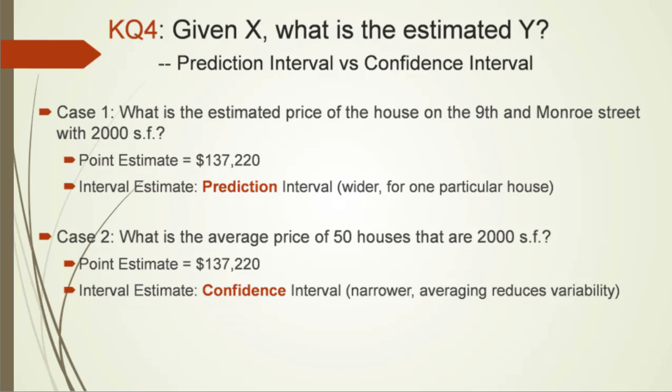You may remember from the CLT module that averaging reduces variability. When we estimate the average price, our estimate will become more certain than the estimate for one particular house. Therefore, the second interval is narrower because we are more certain with the estimate, and the first interval is wider.